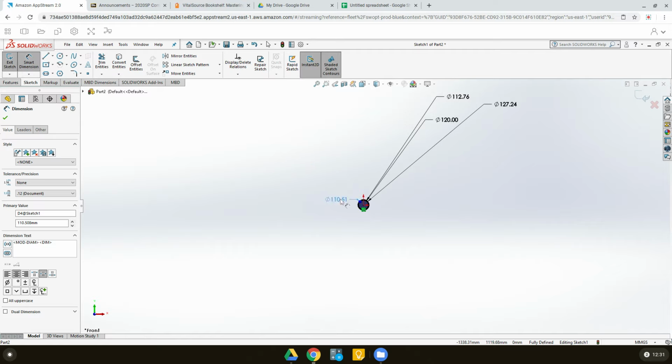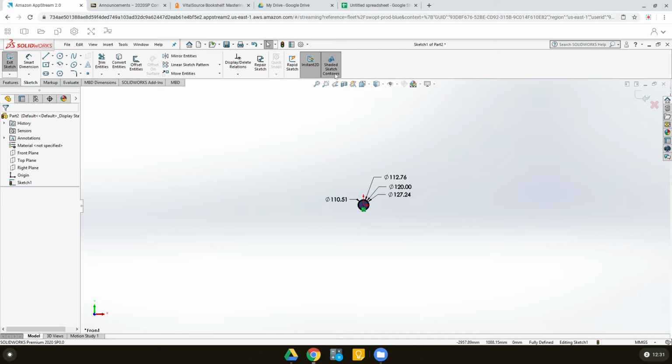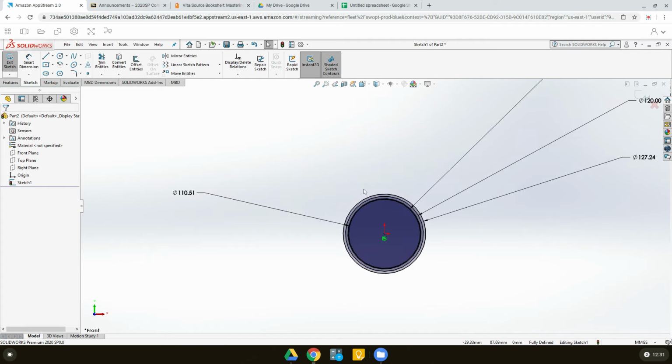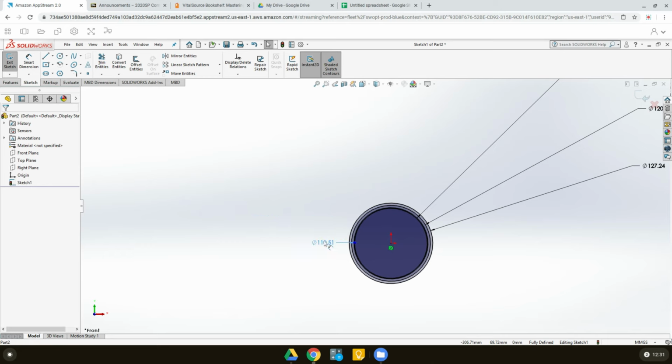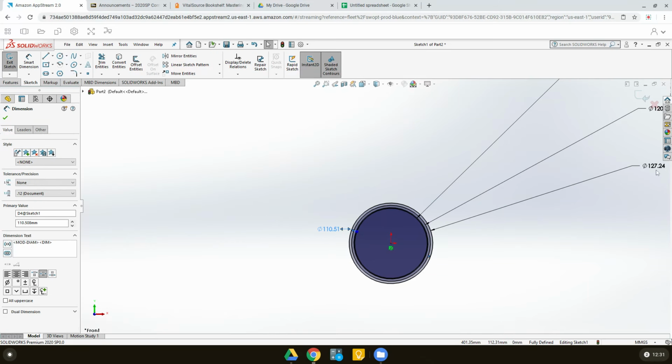You can get them closer, so you can zoom on to the circles. I'll make it a little bigger here. Got to fix the dimensions, get them closer.